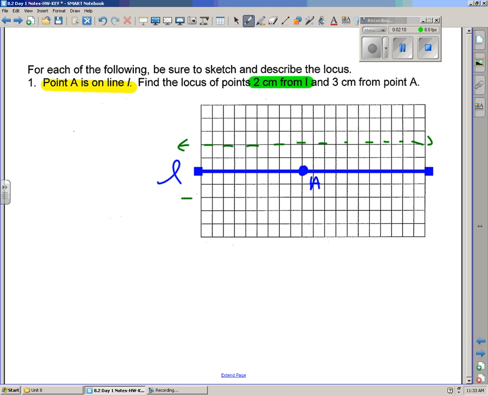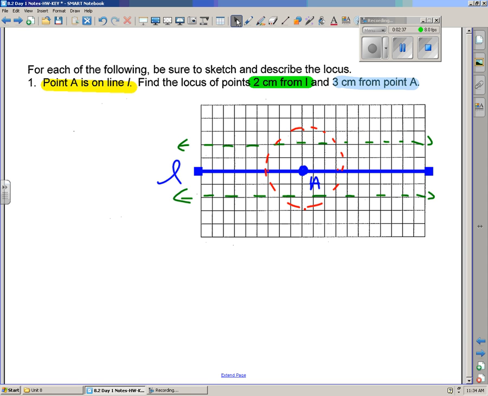The locus that we're drawing is dotted, so that's 2 centimeters from L. Then we want to be 3 centimeters from point A. From a point, you're going to have a circle. So I'm going to go with a radius of 3 here, 3 here, 3 here, and draw a circle as best as I can. It's not going to be perfect.